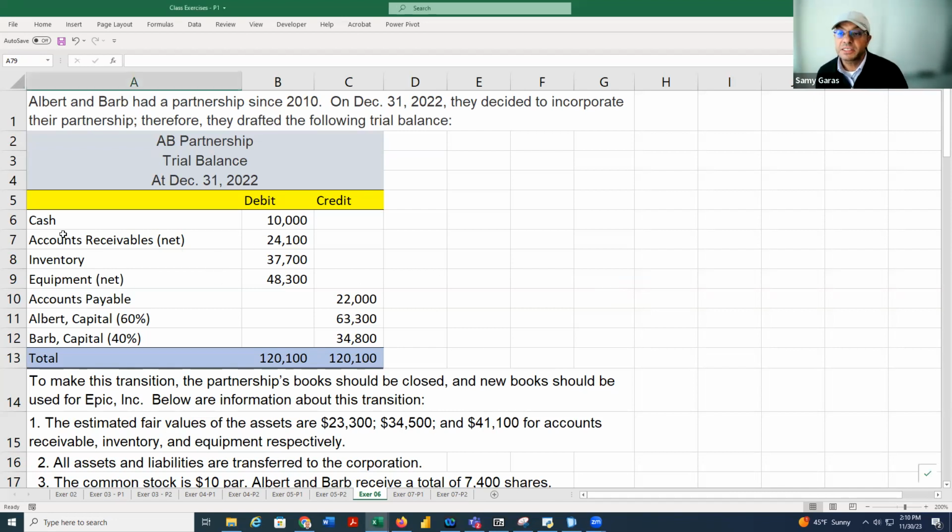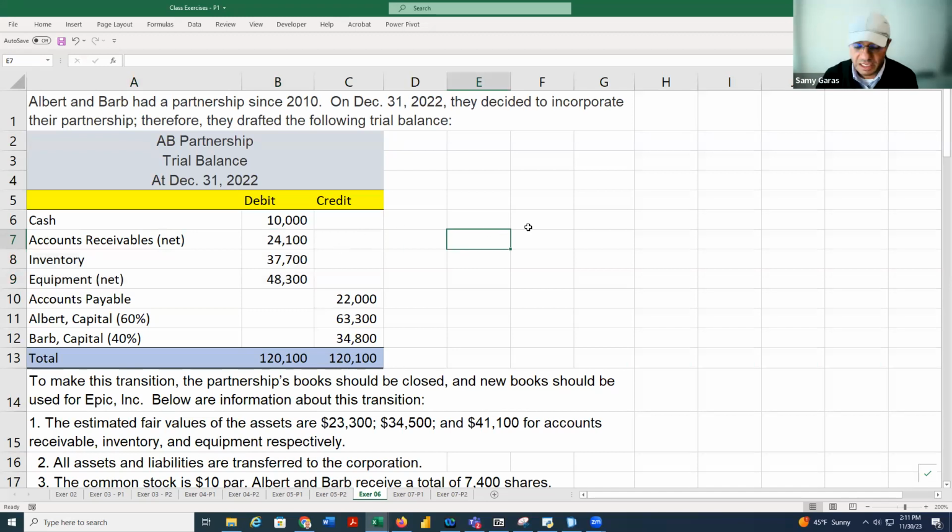They have 3 assets. They would like to reevaluate them before they move the company from partnership into corporation. And they need to close off all the accounts of the partnership, and they need to create a new journal entry for the startup of the corporation.